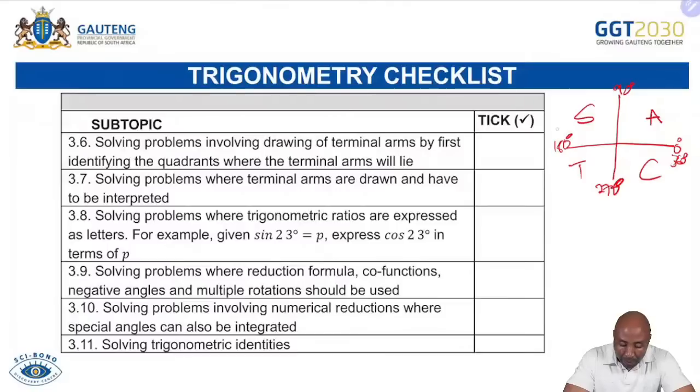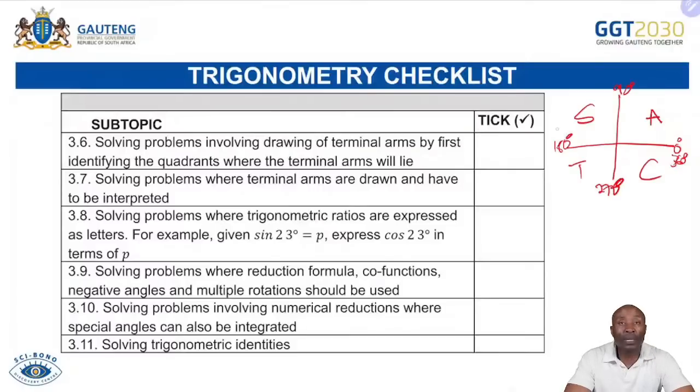We solve problems where trigonometric ratios are expressed as letters. We are aware of this one. We solve problems where reduction formulae, cofunctions, negative angles, and multiple rotations should be used. We will discuss this as we move forward. We solve problems involving numerical reductions, where special angles can also be integrated.